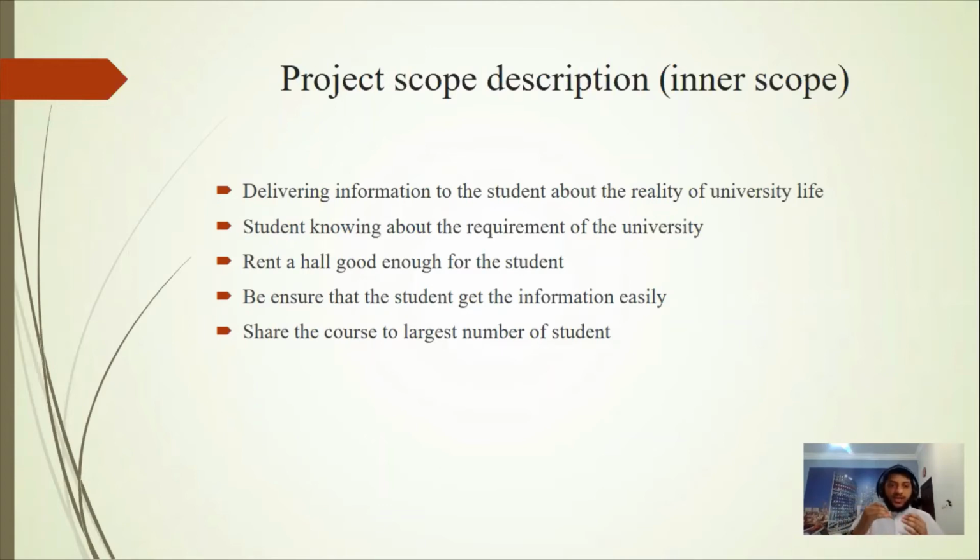Third, we need to rent a hall that is good enough for our course. The fourth is to make sure that the students get the right information as easily as possible. And the last one is sharing this course and announcing it to a large number of high school students. So this is our inner scope that we need to do.